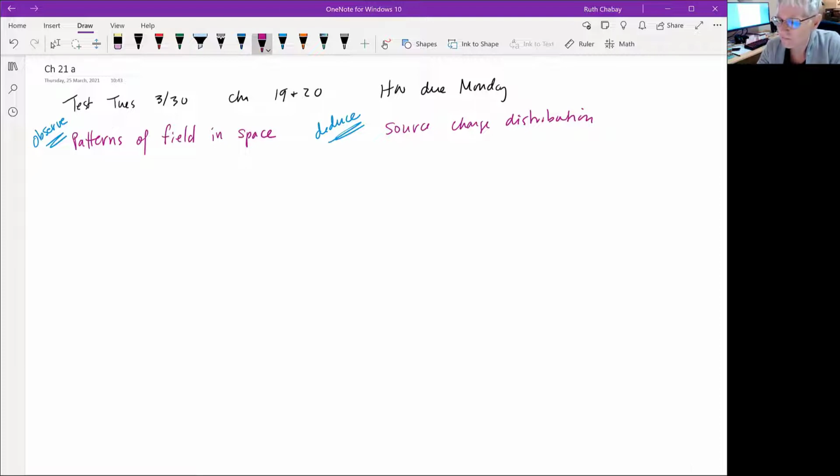And so what we're going to be talking about is Gauss's law, which tells us one thing about electric and magnetic field distributions, and Ampere's law, which tells us other things.